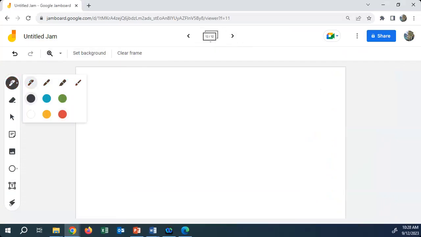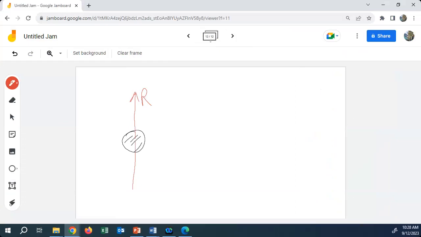So let's say we now have the object at one point where the resistive force becomes equal to the force of gravity. What exactly happened at this point? What is the net force? 0. So the net force becomes 0.